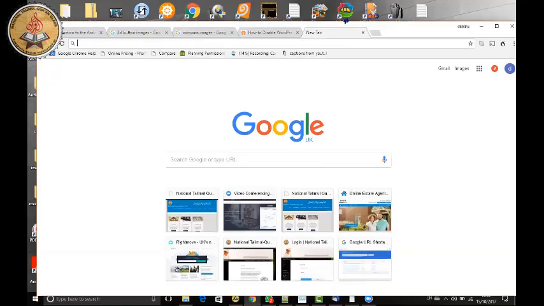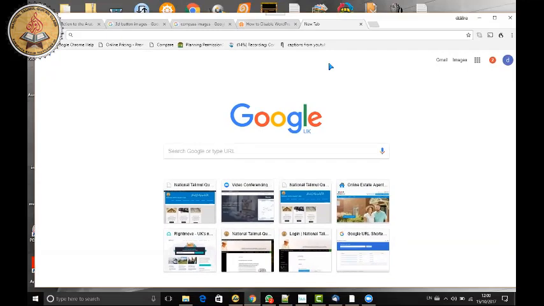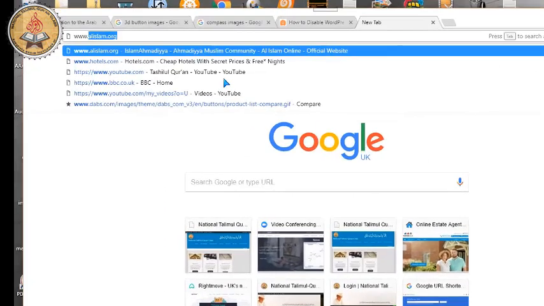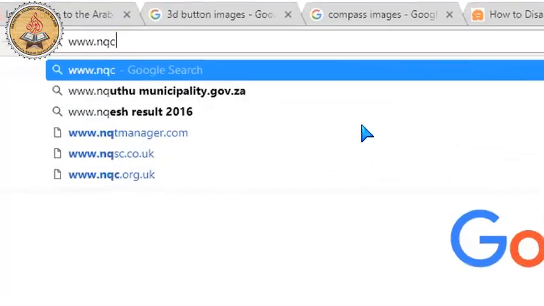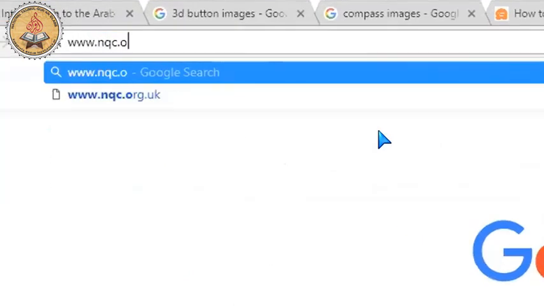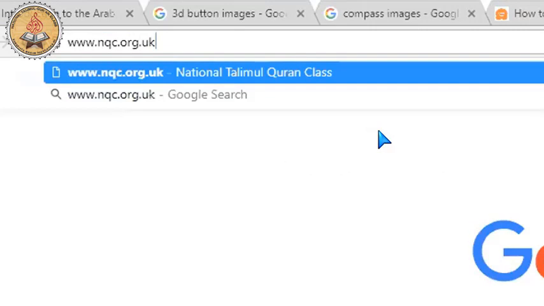Basically, it's very, very simple. We're trying to make it very simple. Everything that we do starts from NQC, National Quran Class. So I'm going to type here www.nqc.org.uk. National Quran Class.